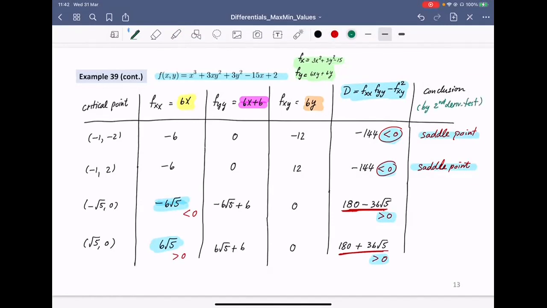You can see that the point negative 5, 0 is a local maximum. How do you know? Well, fxx is less than 0 and D is bigger than 0. This is local max. And the last point here is going to be a local minimum.